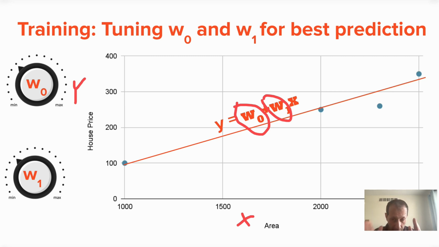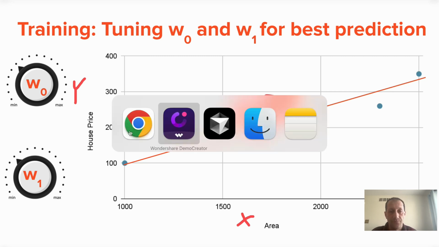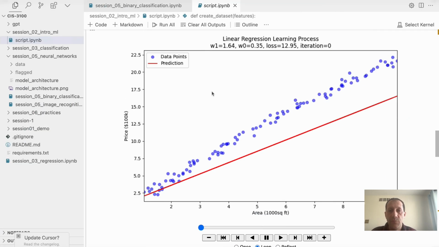Now, speaking of this example, let me show you a training in action. Don't worry about any code. Just look at these data. Horizontal axis is the X, or area. Vertical axis is the price. Blue dots are your training examples, the data that you want to use for training. And like I said, you can start with W0 and W1 that are shown up here with some random value.